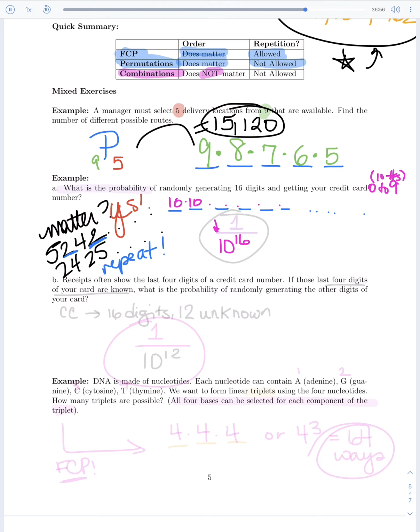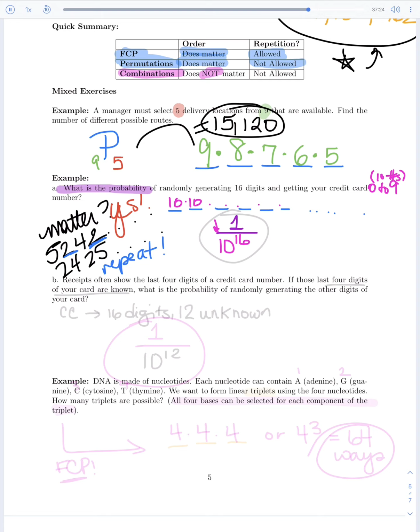However, that is still not what they were asking for. They ask, what is the probability of somebody randomly guessing your credit card? Well, they'd actually have to get every single number on your credit card right, and there's only one credit card like that. So that'd be 1 over 10 to the 16th. Your chances of somebody randomly guessing your credit card are pretty much zilch.